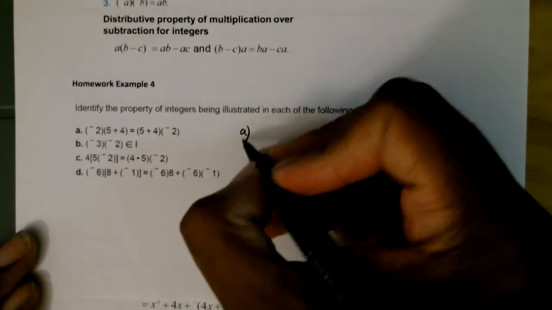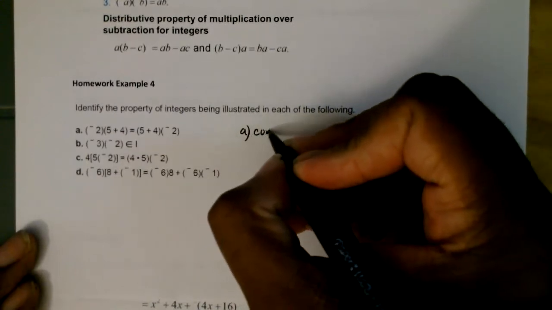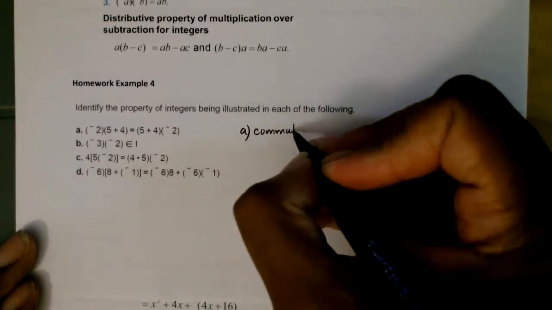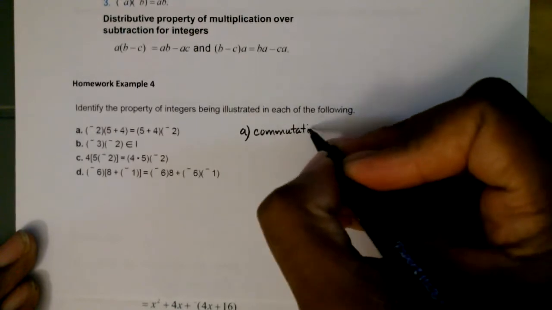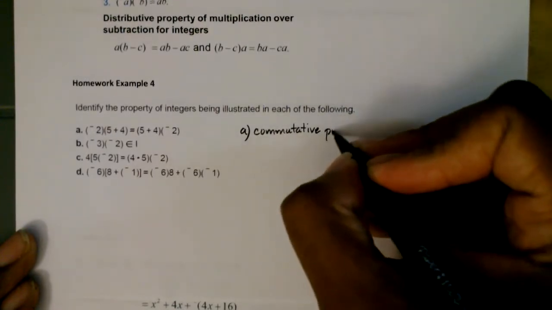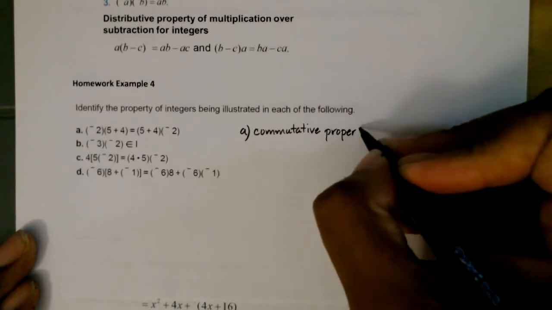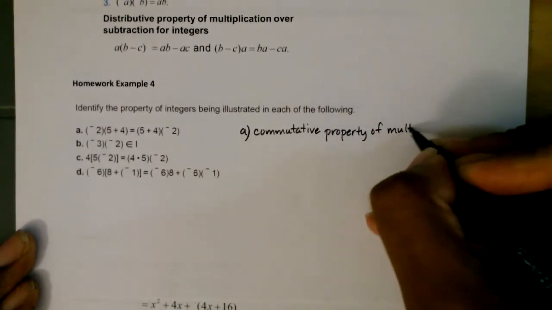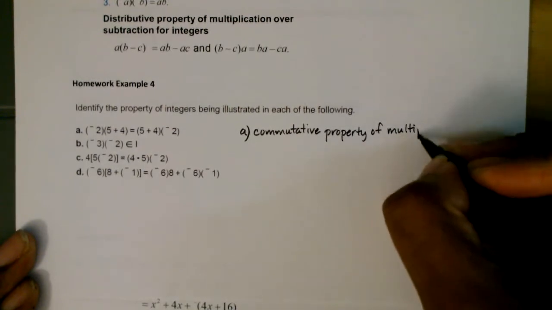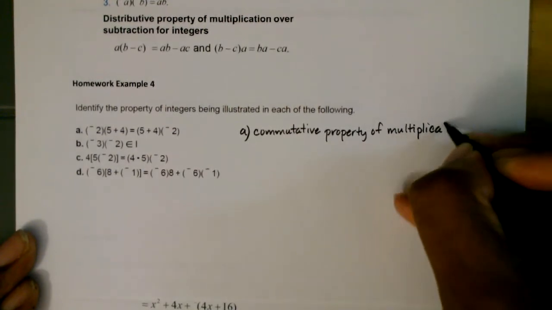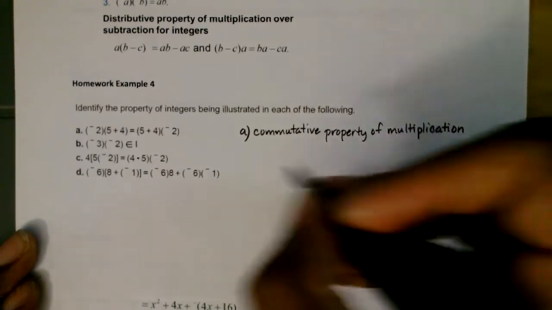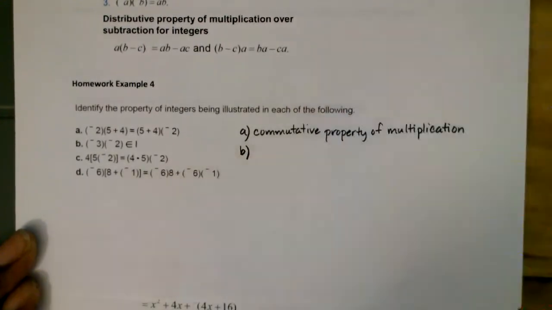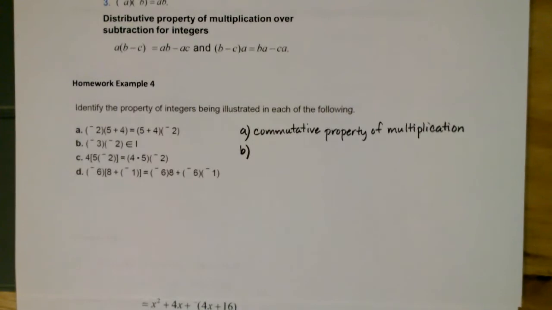So this represents the commutative property of multiplication.